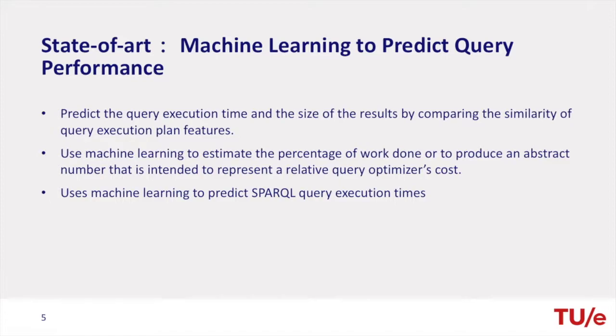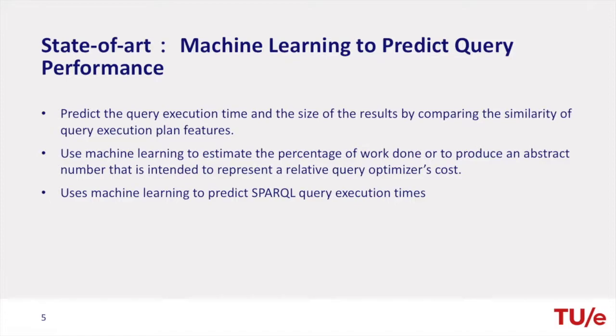The first one predicts the query execution time and the size of results by comparing the similarity of query execution plans. The second one uses machine learning to estimate the percentage of work and produce an abstract number that is intended to represent a relative query optimizer's cost.